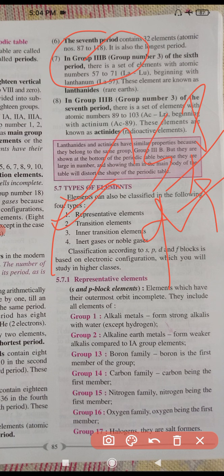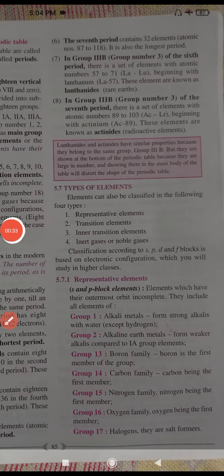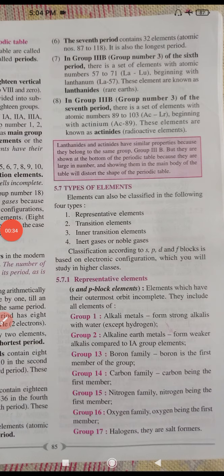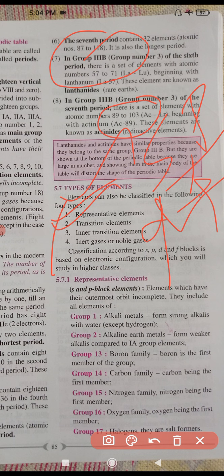Here you can see 57 to 71, and the inner transition actinium series 89 to 103, that is La to Lu and Ac to Lr.